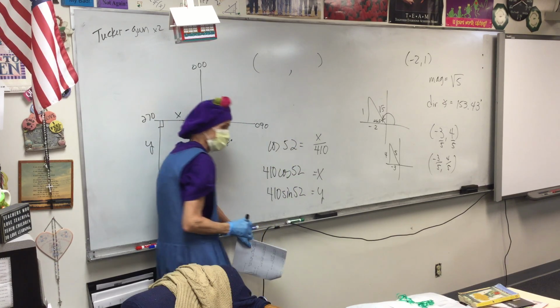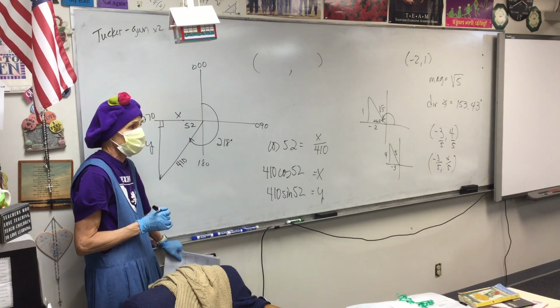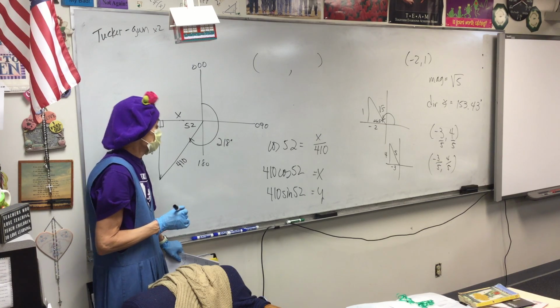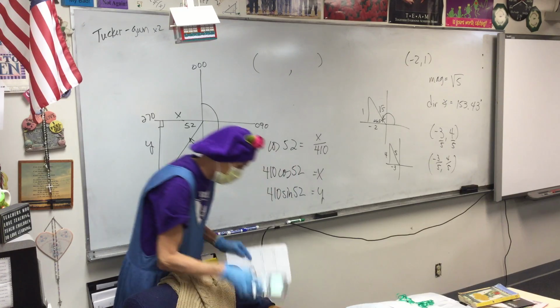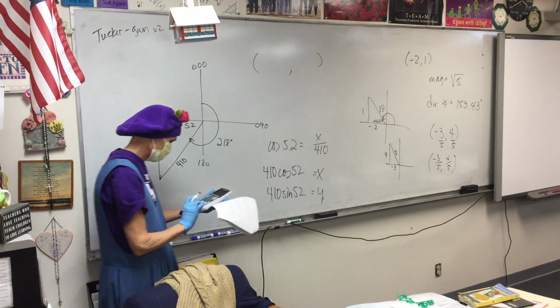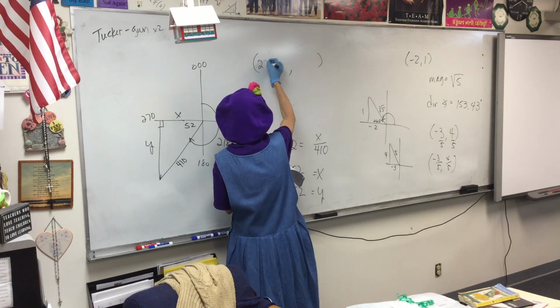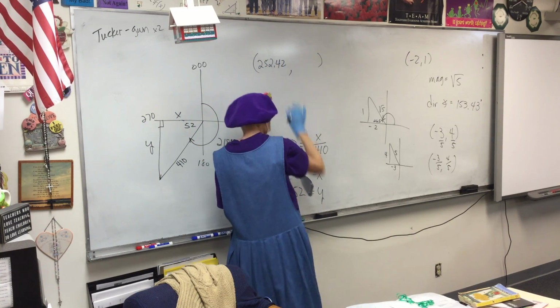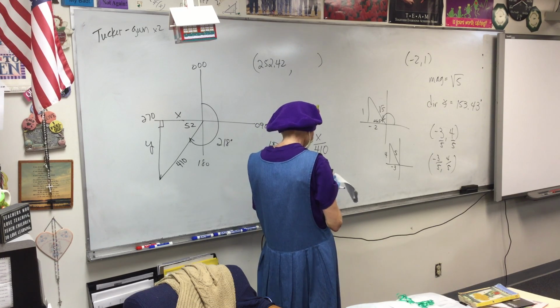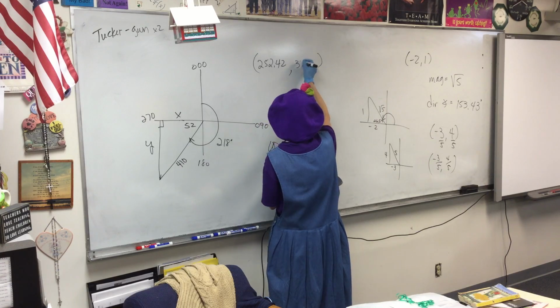Remember, x is always cosine and y is always sine. Now I type them in on my calculator and I get some nice little decimals. 252.42. And 323.08.